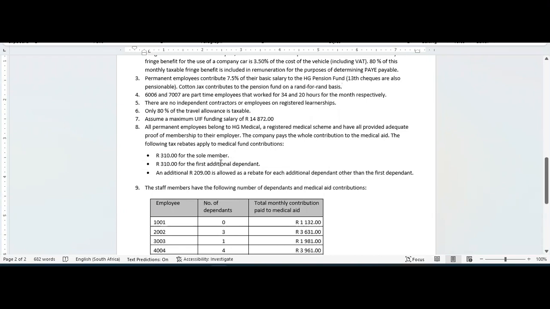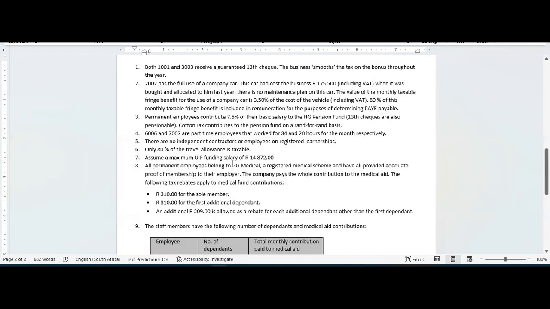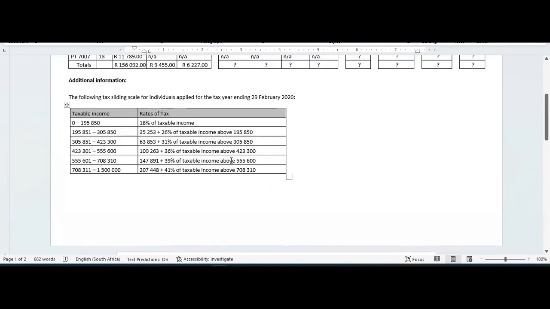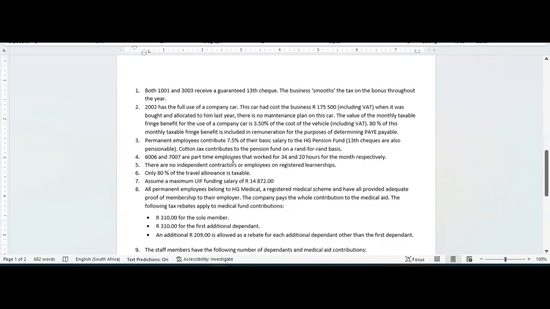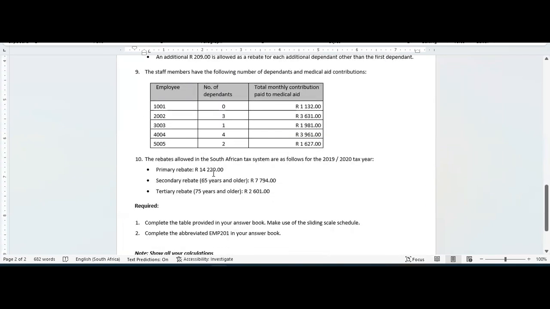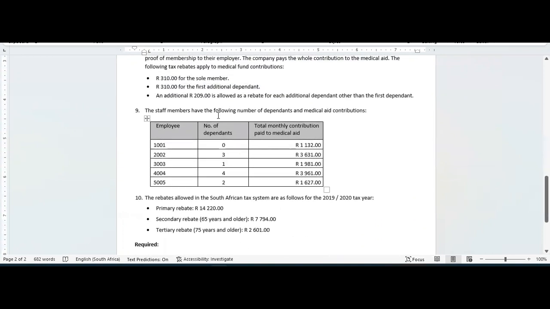The normal rebates that are applicable are applied before we divide by 12 to get the monthly amount. These amounts here, the 310, the 310, the 209s, are subtracted only once we've calculated everything else.